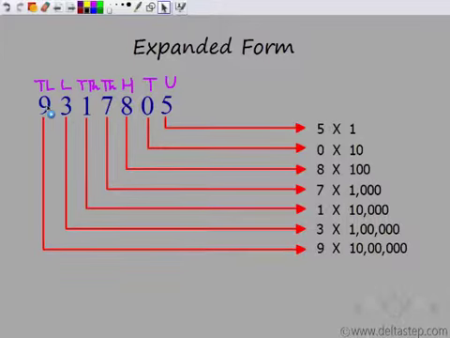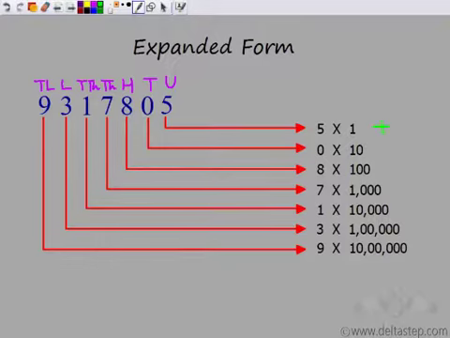To write this number in expanded form, how will I write? 9 times 10 lakhs plus 3 times lakh plus 1 into 10,000 plus 7 into 1000 plus 8 into 100 plus 0 into 10 plus 5 into 1s. So you would add all these numbers.